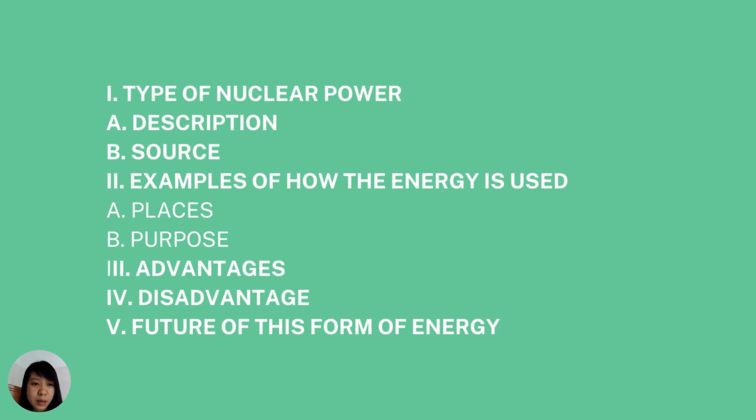And next, we are going to find out advantages and disadvantages of this nuclear power. So this is the main part of my presentation. And last but not least, we will talk about the future of this form of energies. Now let's start this.